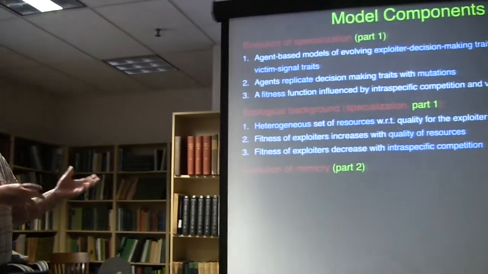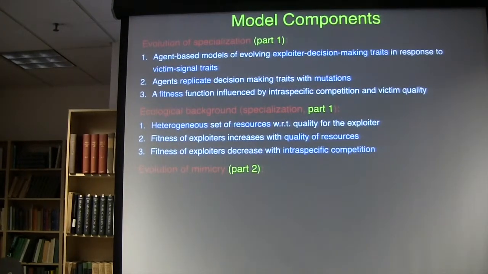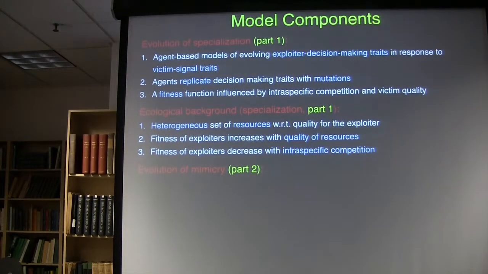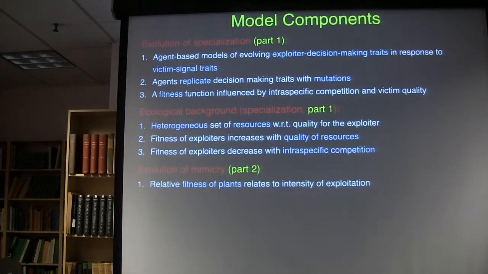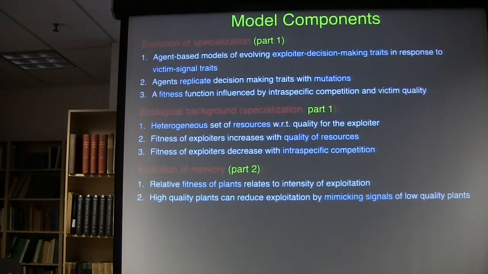Now I'm using exploiter, victim, but you can think of insect, plant if you want. So insects are the exploiters, plants are the victims in this case. And so the relative fitness of the plant types relates to the intensity of the exploitation upon them. And so high quality plants can reduce that intensity by trying to mimic the signals of low quality plants that the exploiters have evolved to avoid. So that's the co-evolutionary part, or the evolution of mimicry under co-evolutionary situation.